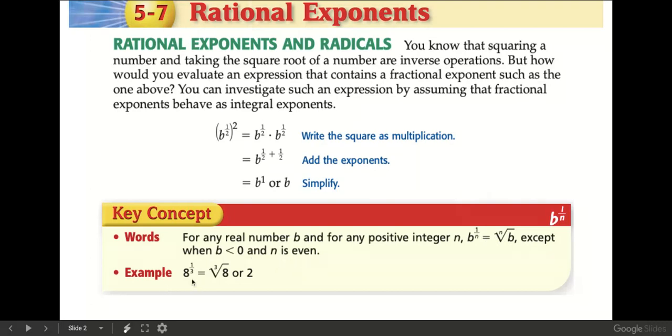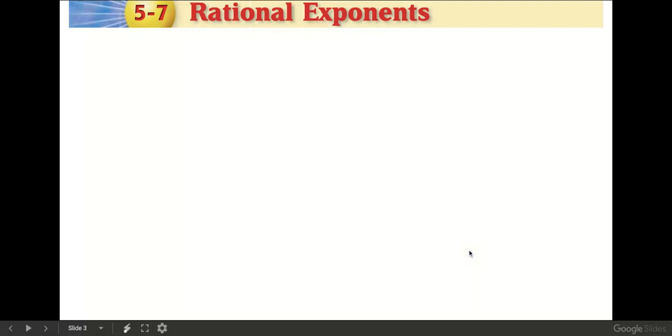For example, 8 to the 1/3 power is equal to the third root of 8, which is equal to 2. So this idea that you can take any fractional exponent and write it as a radical is the thing that we want to take away here.